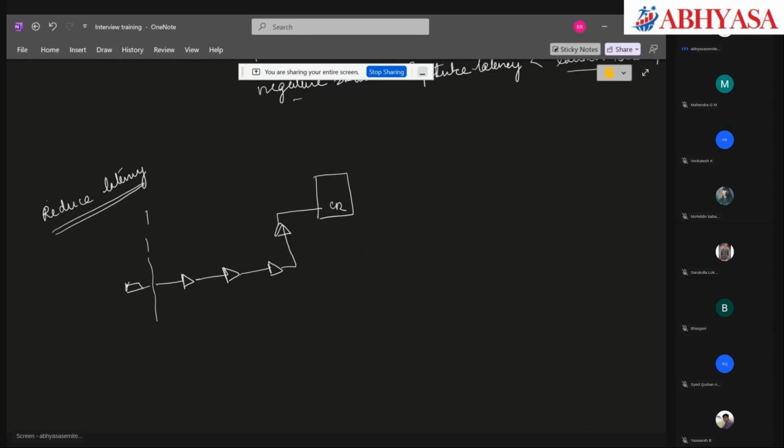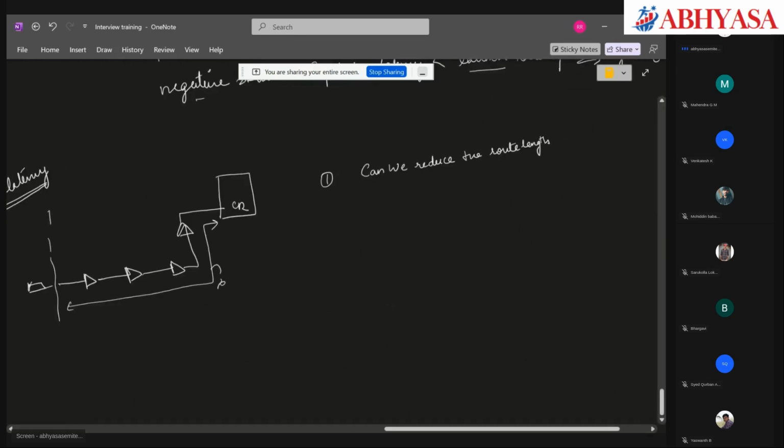One thing is, we will find out why this much length is required. Okay. Can we reduce the route length?